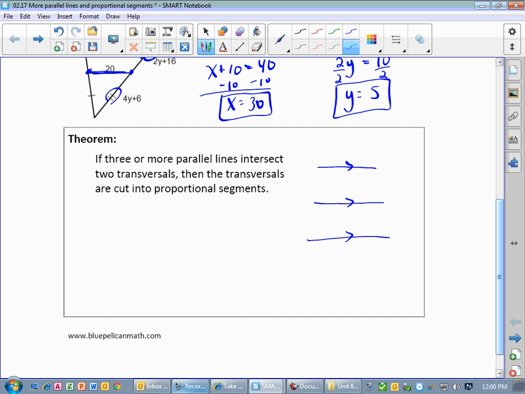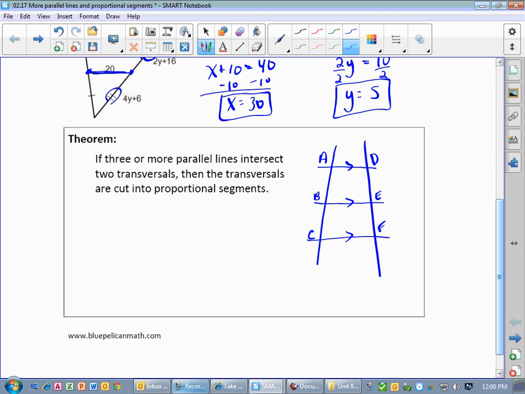It says they intersect 2 transversals. Okay, so I'm just going to draw a transversal and another transversal. Now I'm going to label the points here. I'm going to call these intersections A, B, C, D, E, and F. So if these 3 lines are parallel and they intersect 2 transversals, then all of these segments are actually proportional to each other.